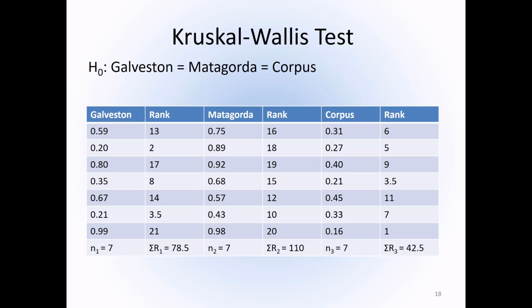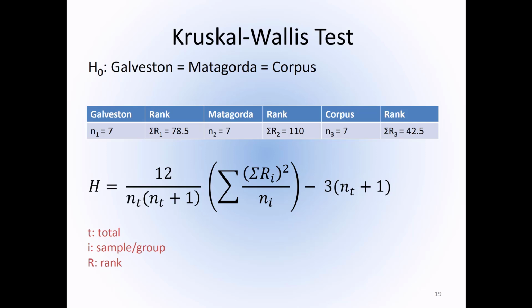So we can go ahead and do that, and then we're going to use this information and put it into our respective formula in which to then calculate our test statistic. Now, noting that we're taking the summation of the ranks, we're going to then square those, and then take the sample sizes for each group, divide by that, and then take the summation.